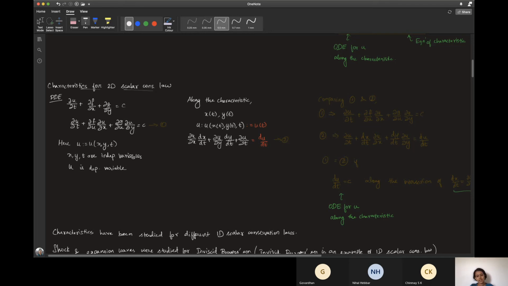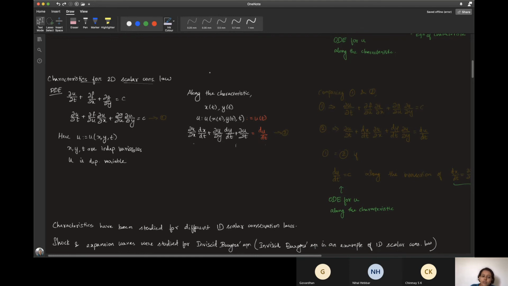Since x and y are themselves functions of t, you can write this as just u of t itself. So you will have du by dt equals dou u by dou x and so on. Now you have got a new differential equation just along the characteristic.